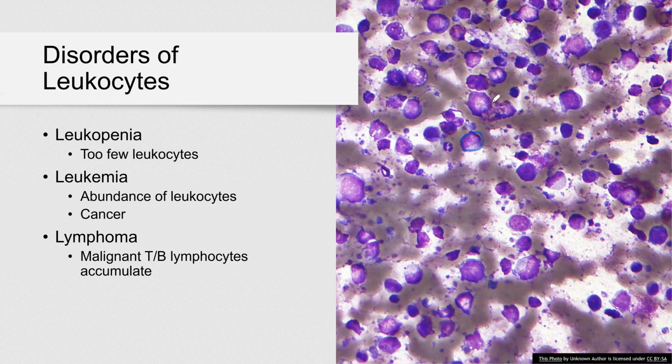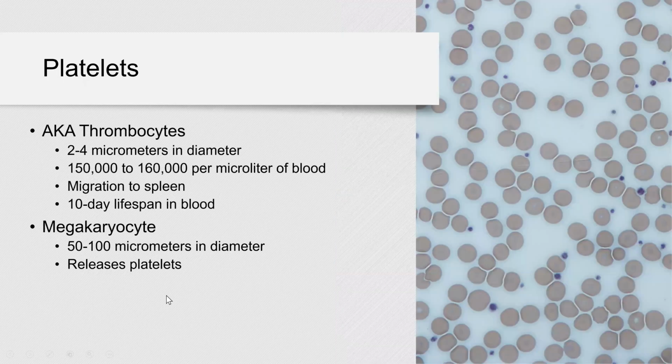Not only do we have an abundance of those cells, but they also look bizarre here. Okay, so again, leukopenia, too few, leukemia, too many, and lymphoma, that is a malignant tumor of T or B lymphocytes.